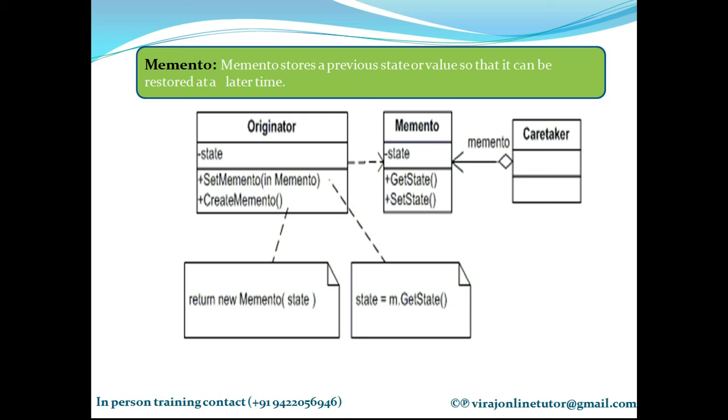The originator is some object that has an internal state. In this diagram, my originator has an internal state called state. And the caretaker is going to do something to the originator but wants to be able to undo the change. That's very important.